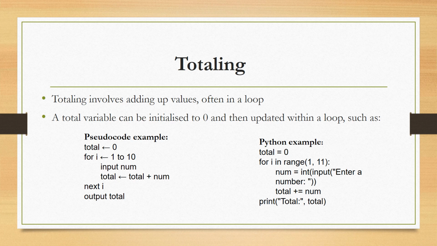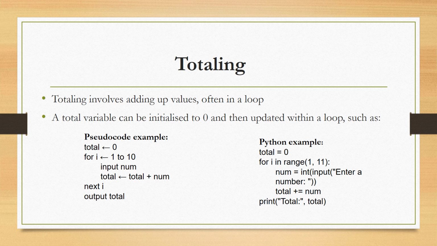Then there is a very important concept about totaling. We have already talked about totaling, counting, counters and a lot of other functions in our chapter number 7. But here we will be talking about how to execute these concepts in programming. So totaling involves adding up values, often in a loop.